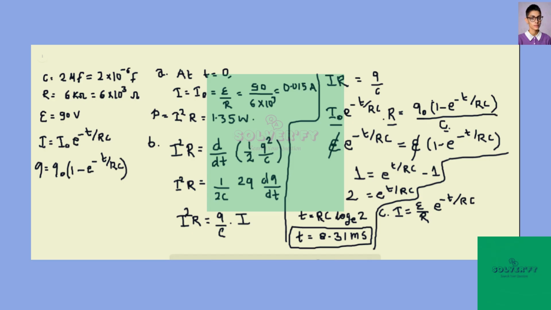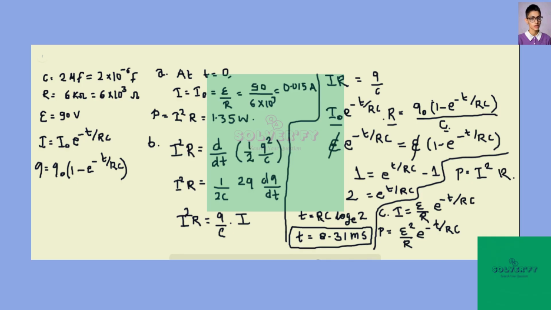So power P equals I squared R, so E squared by R times e to the power minus 2t upon RC. I just used here the formula P is equal to I squared R.